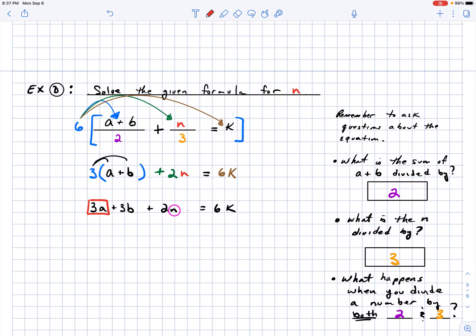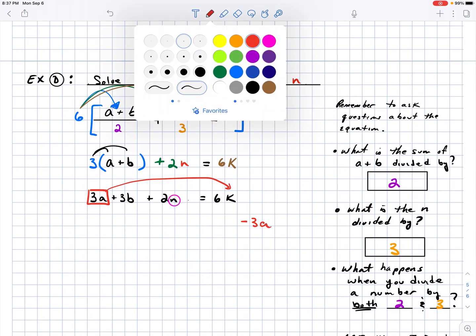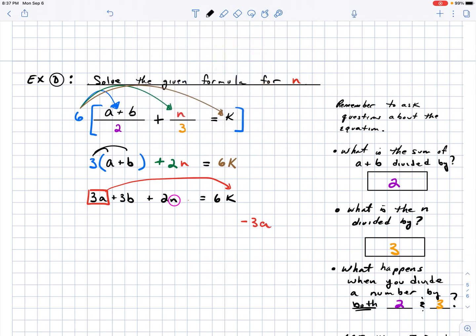So if we move it over to the left, it will become what? Negative. So we can just put it right here, minus 3a, just so you can see how we're processing this problem. And it's just, like I said, juggling, right? Plus 2n equals 6k minus 3a.